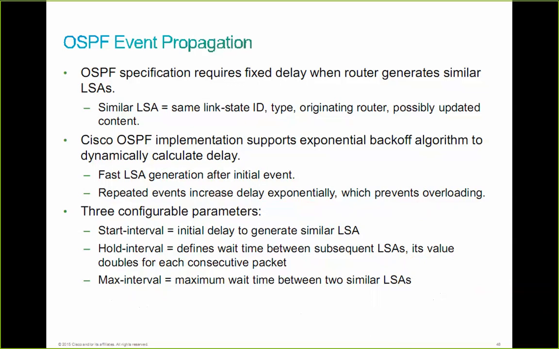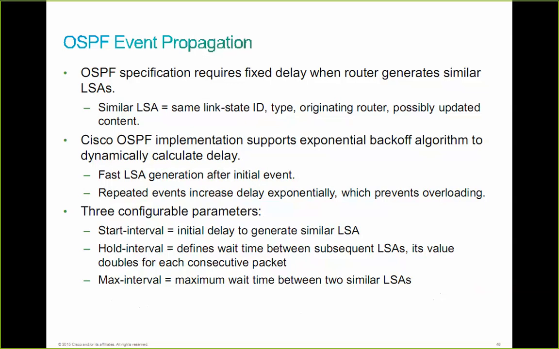Now, keep in mind, we are not talking about the paranoid update. We are not talking about repropagating the same advertisement; we're talking about propagating changes to an advertisement. Similar LSAs, but slightly different content. We don't do this if the content is the same.